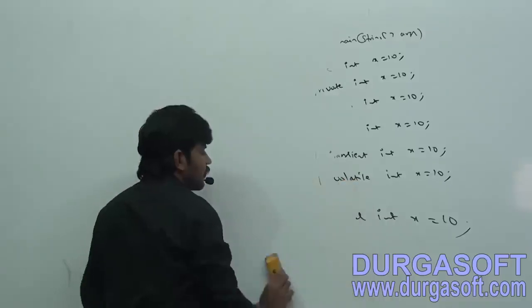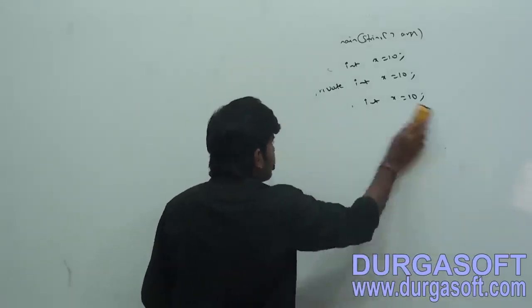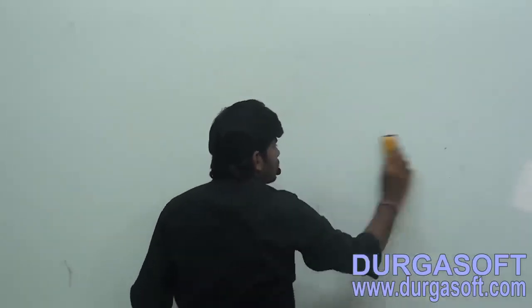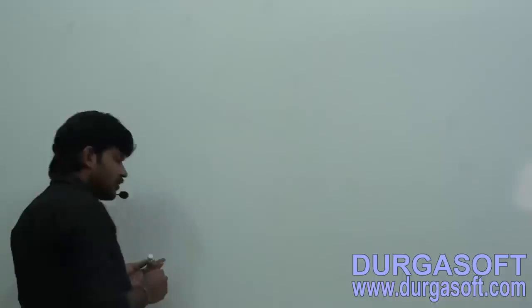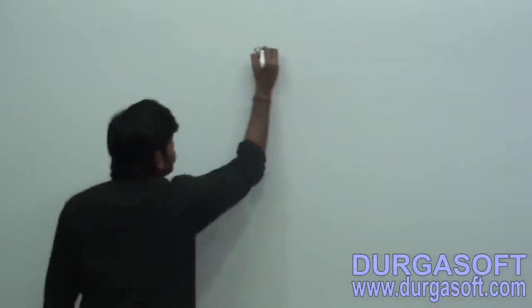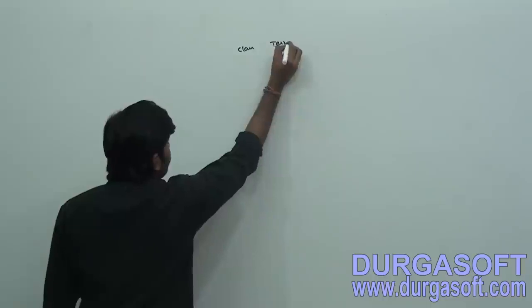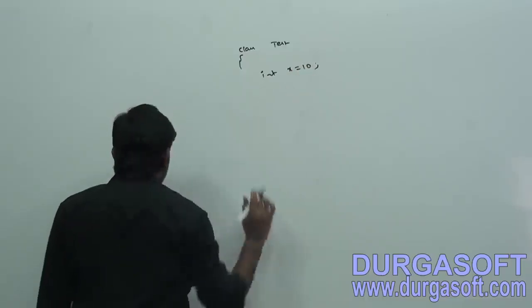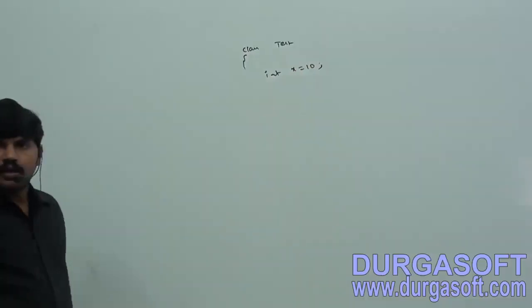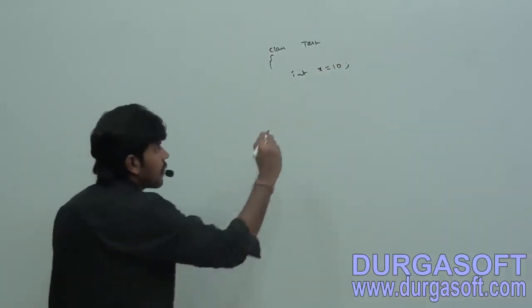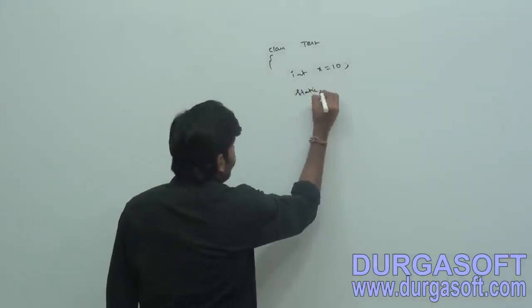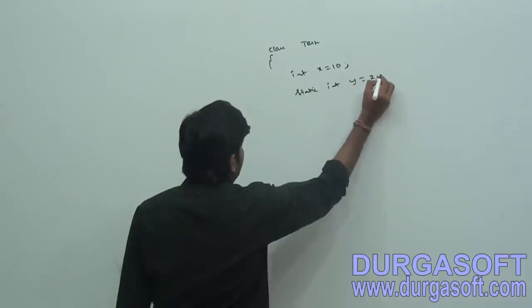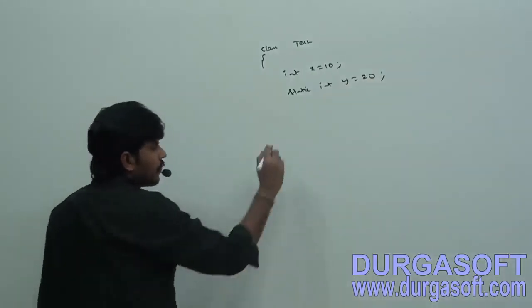Next, one more conclusion about these local variables. Suppose I'm taking one variable here. What is this variable? Instance variable. I'm taking one more variable. What is this variable? Static variable.